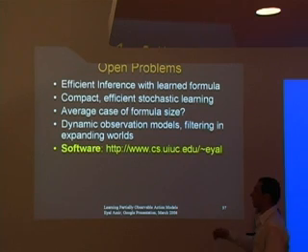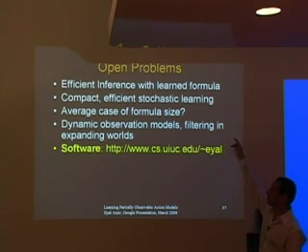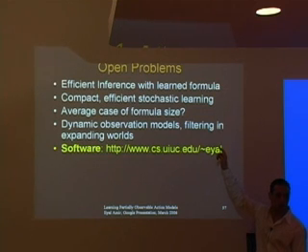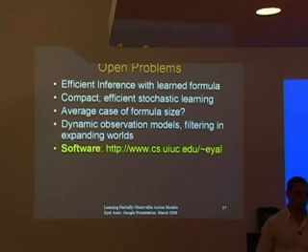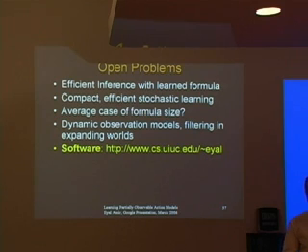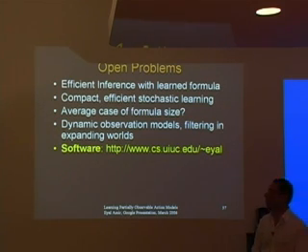So there are many interesting open problems, particularly how do we do efficient inference with the learned formula, how to do the same thing for stochastic domains, and also how to use dynamic observation models. So if I had an observation model that would tell me what I should expect after I do a certain action, that should be included in this process.